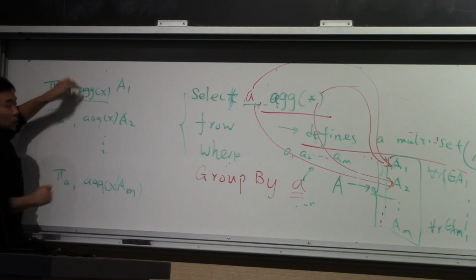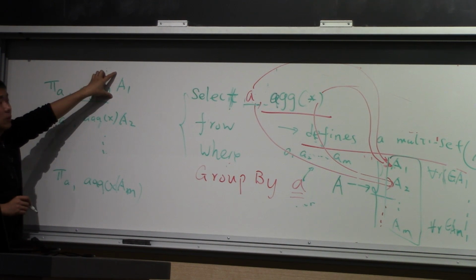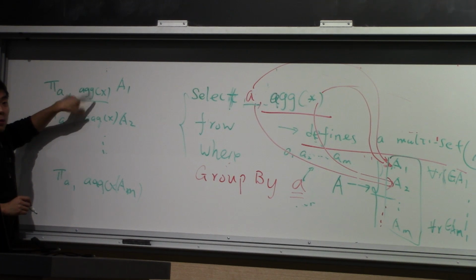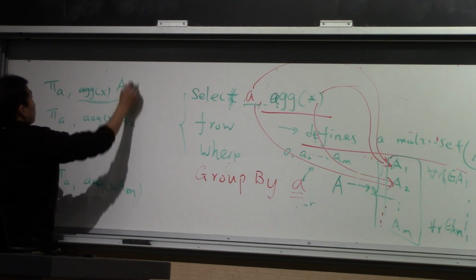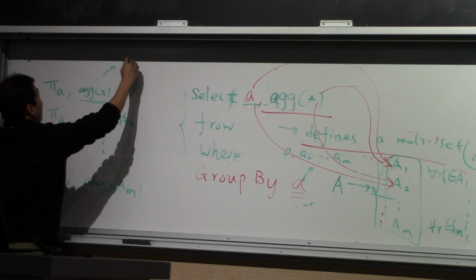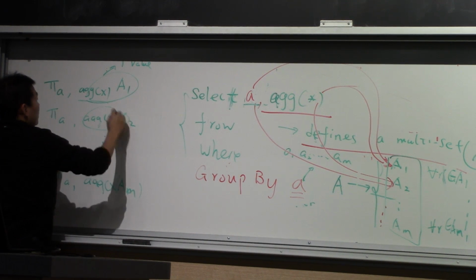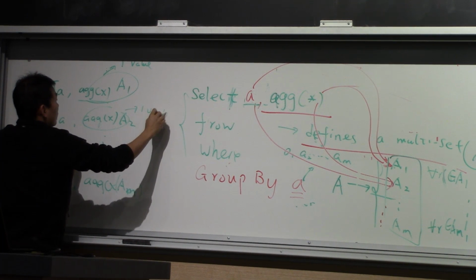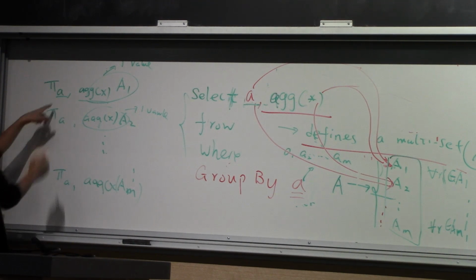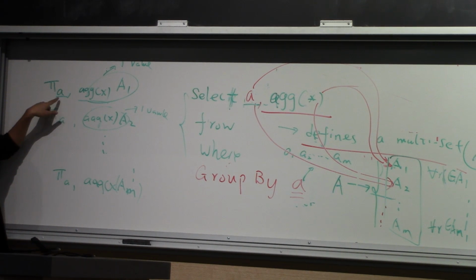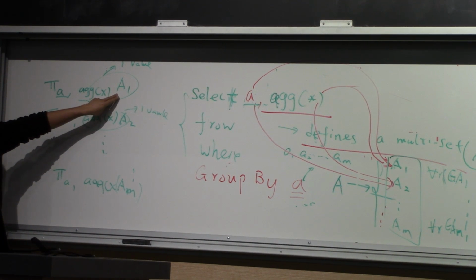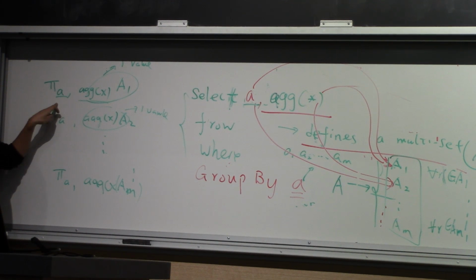This obviously is okay. Essentially what that means is for all records in A1, I apply this aggregation. I get one final value. This will produce one value. This will be another one value. So on and so forth. And what about this? Does this produce a set or a single value? Using the projection semantics, if you do not remove duplicates, it produces a set.